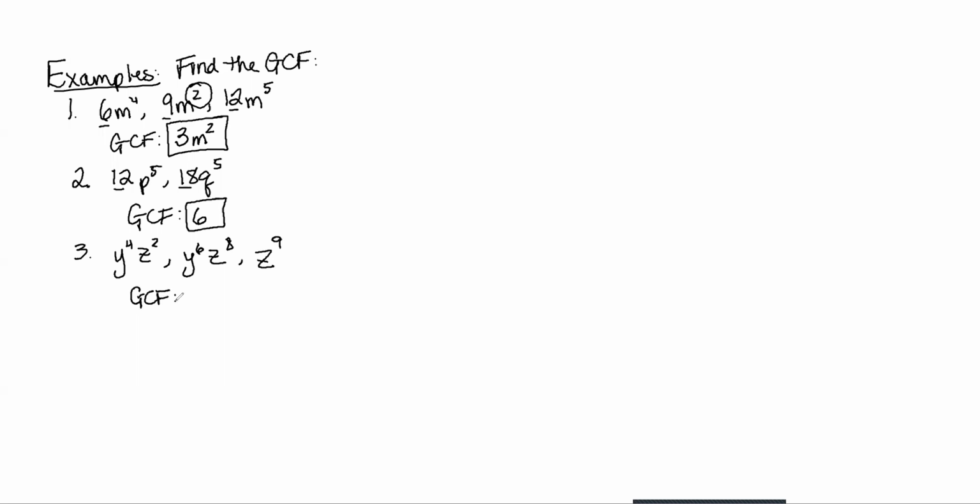There's no coefficients, so we don't have to worry about the numbers. If we look at all 3 of the terms, the first 2 terms have y's, but the last one doesn't, so we can't include any y's in the GCF. But we can include z's. We have a z squared, z to the 8th, and z to the 9th. The highest amount that they all have in common is 2, so z squared, and that's also our lowest exponent.